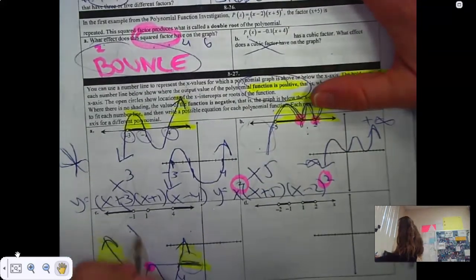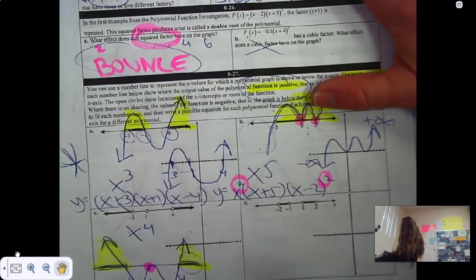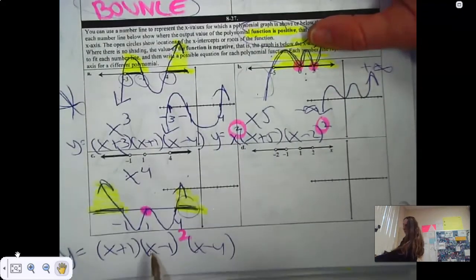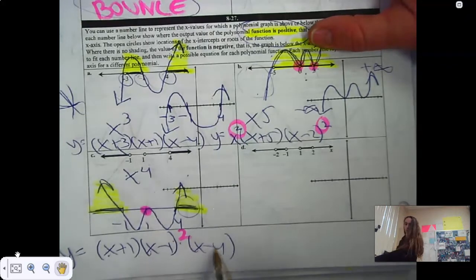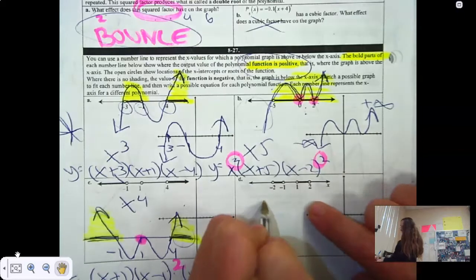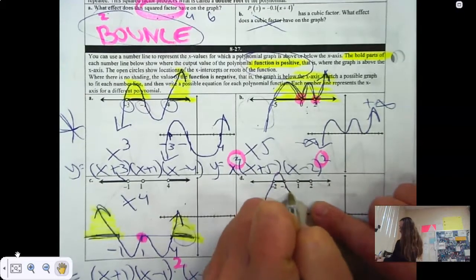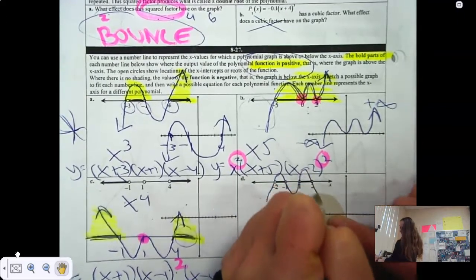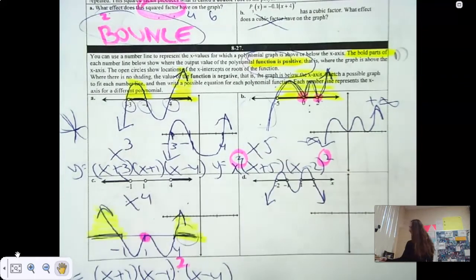Okay, all right, let's start here with this one. So that means this one's x to the 4th. Because 1, 2, oops, you can't see that, I'm sorry. 1, 2, 3, 4. Okay, this one. Down here, negative, positive, negative, positive, negative. All right.